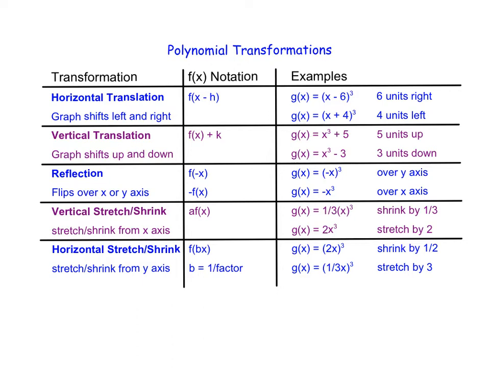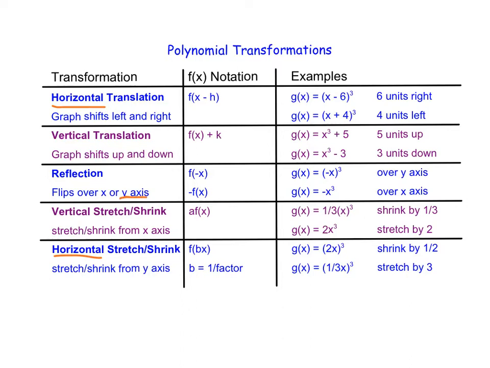Now, as we manipulate these functions to stretch, translate, and reflect the functions that we already have, we have a couple of things that we need to remember. First, anything that is a horizontal change, so that's going to be a horizontal translation, a horizontal stretch or shrink, or a flip over the y-axis.